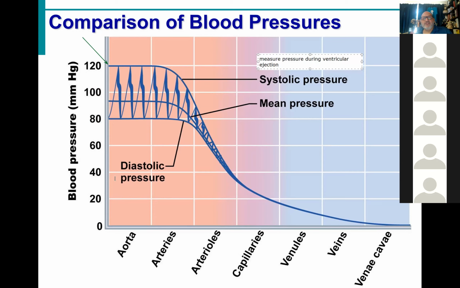Whereas, as we mentioned, the diastolic pressure, which is about 80, is the lowest pressure, when the ventricle is not ejecting blood.